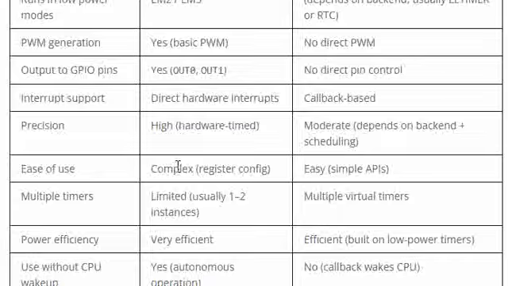So there are several register configurations that are required in LE timer. And sleep timer, as it is software functionality, there will be multiple timers that can be used in the code, whereas LE timer will have only a few instances, unlike the sleep timer.